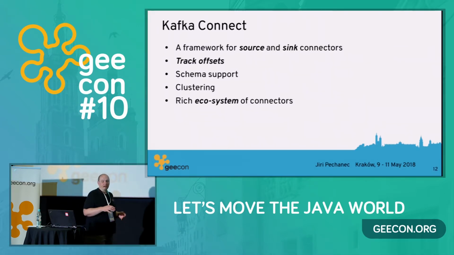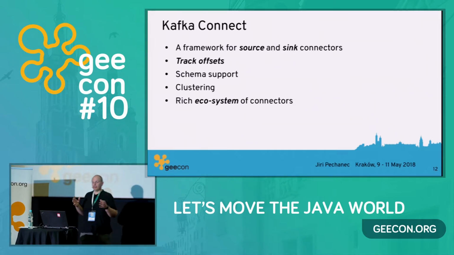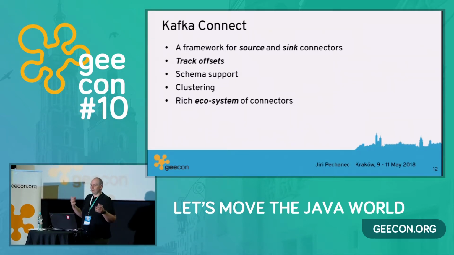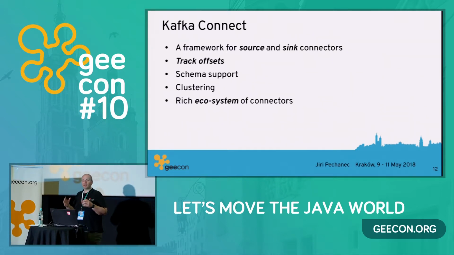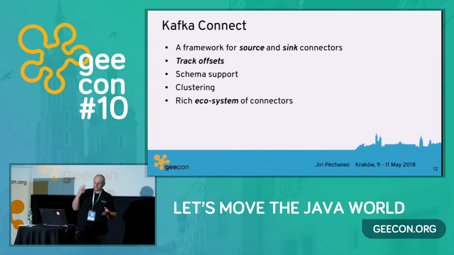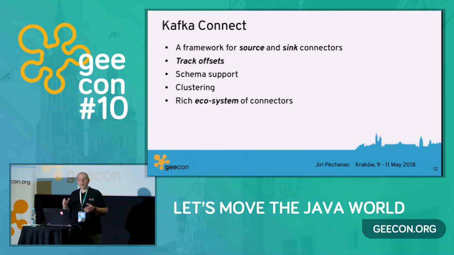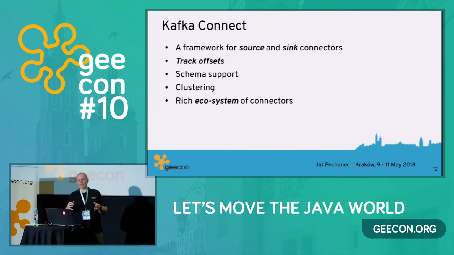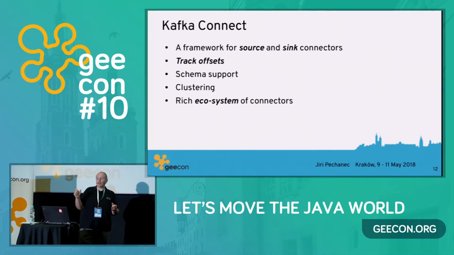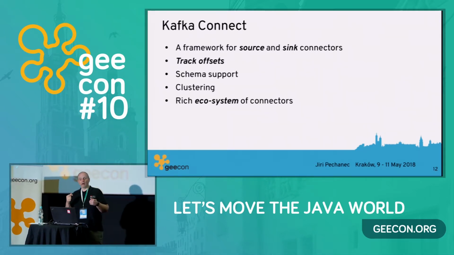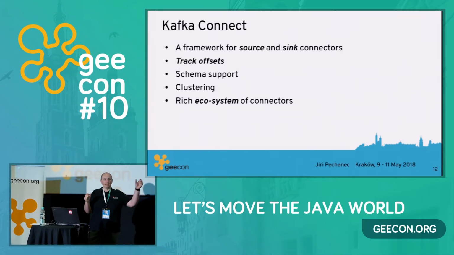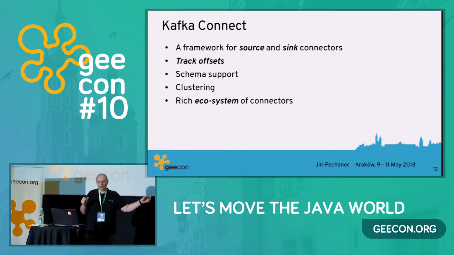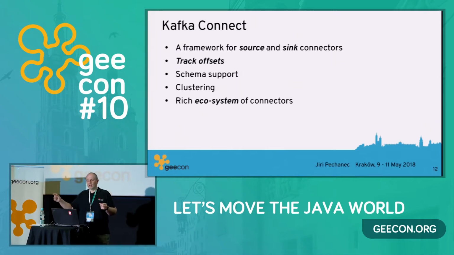Kafka broker is a storage, but the Apache Kafka project is not only the broker, but also other components. And for change data capture, we are using the Kafka Connect framework. Kafka Connect is a framework for developing and deploying connectors between data sources or data sinks and Kafka broker.